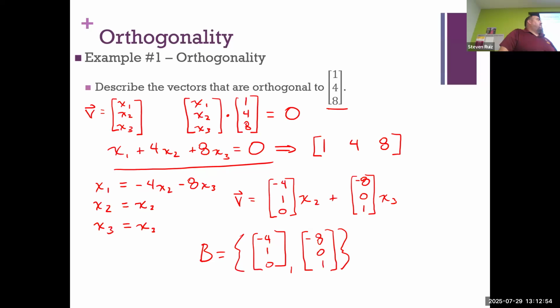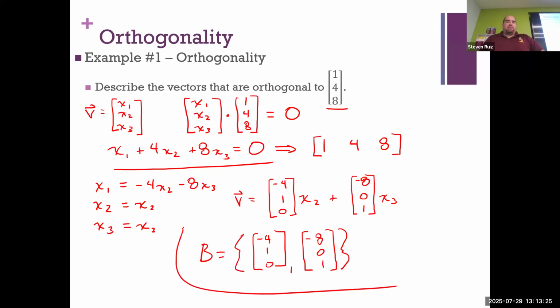Are we okay with that? Are the 2 vectors in that basis, just alone, orthogonal to 1, 4, 8? Yeah, if you do the dot product, you should get 0 for each one. Which means if I enlarge one of them, you're still going to get a 0. If I add those together, you're adding zeros together. Anything you build based on those 2 vectors is going to be orthogonal to 1, 4, 8.